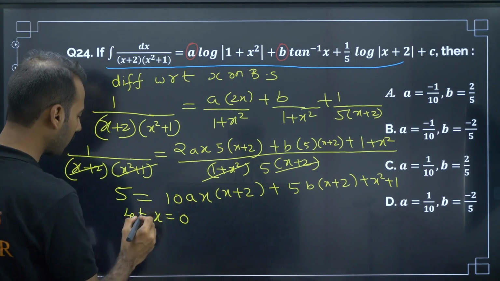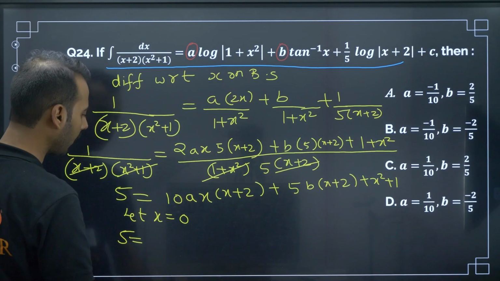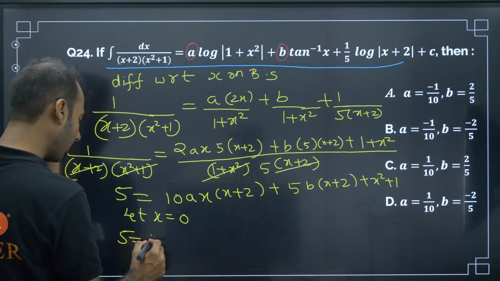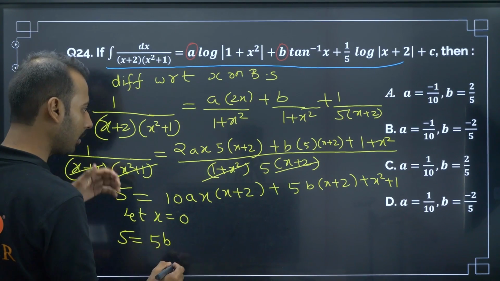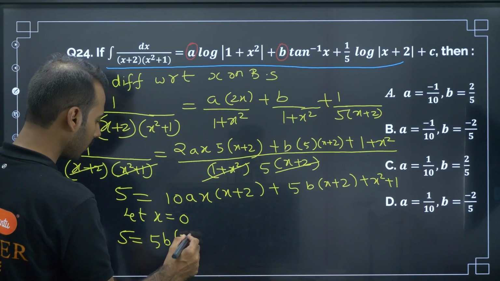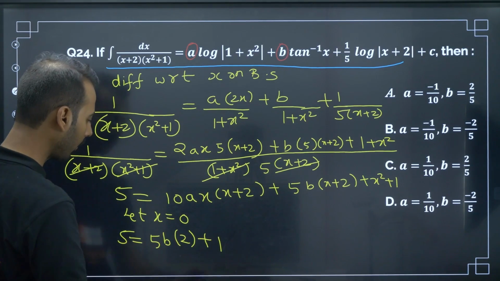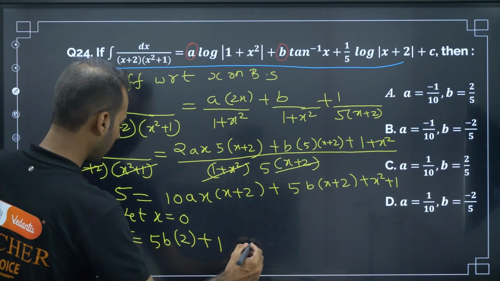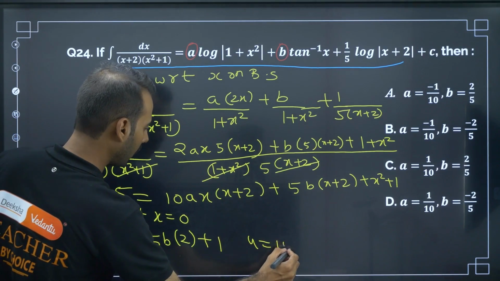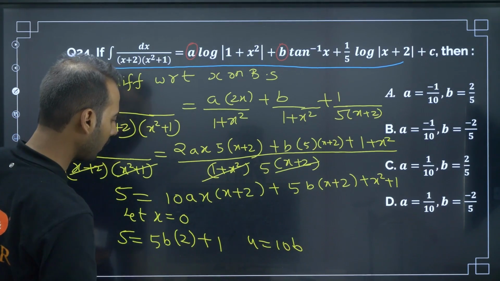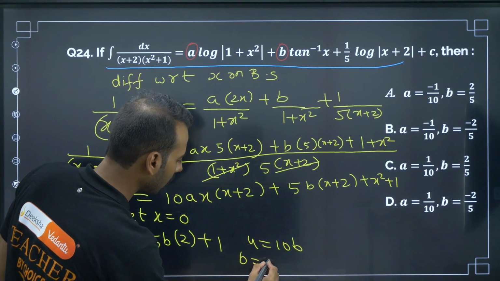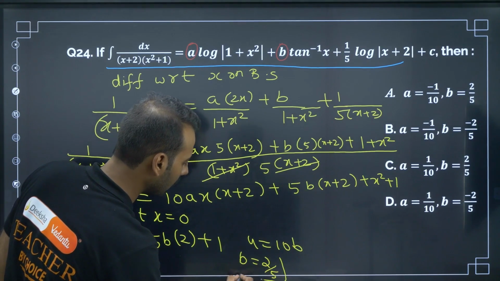If I am substituting x is equal to 0, here 5, here this is 0, 5b and 0, so this is 2 plus 1. Now if I transpose this, 4 is equal to 10b, which implies b is equal to 2 by 5.